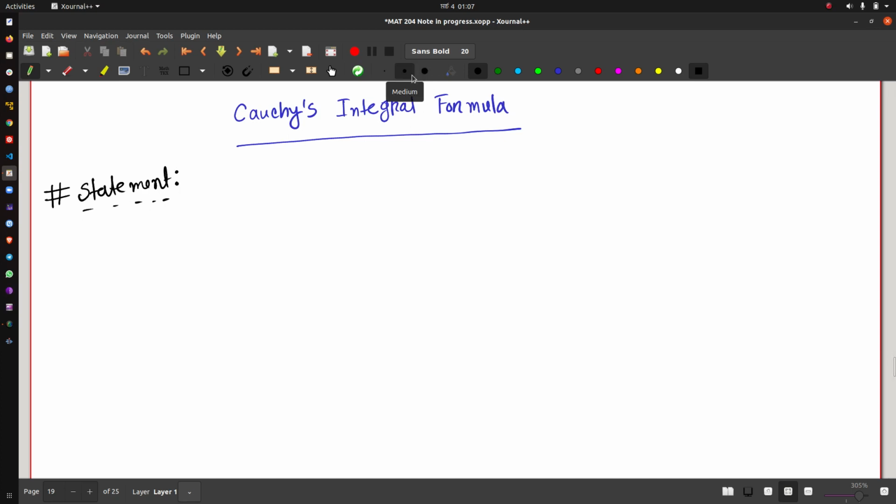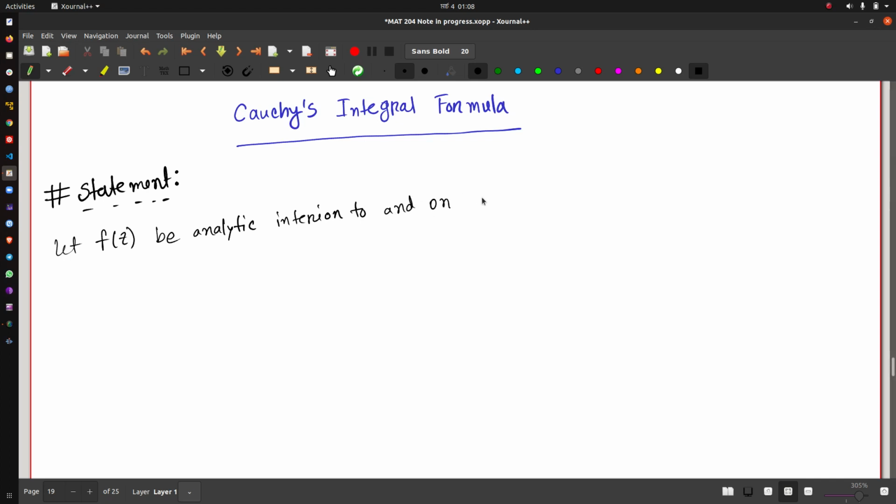The statement goes as follows: let f of z be analytic interior to and on a simple closed contour.